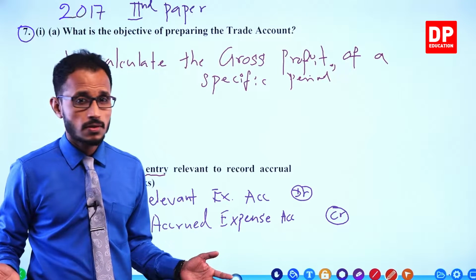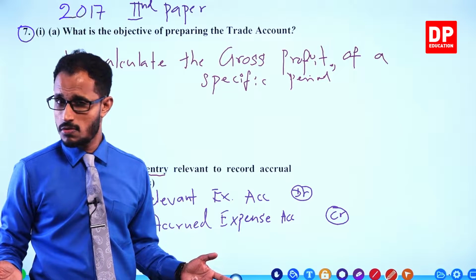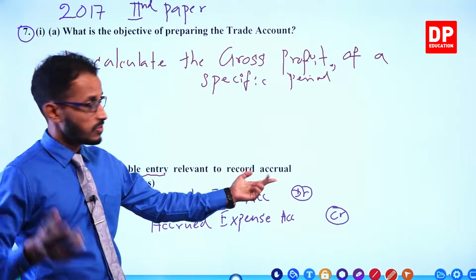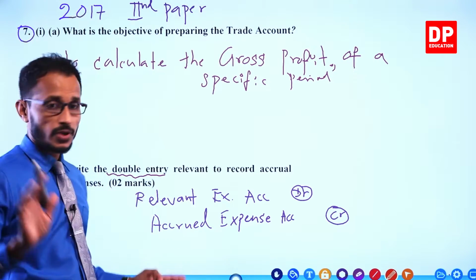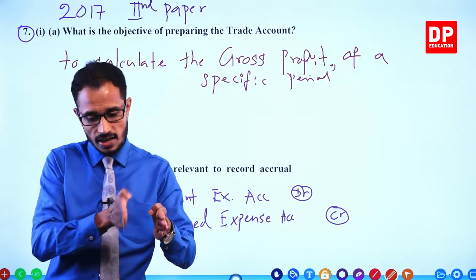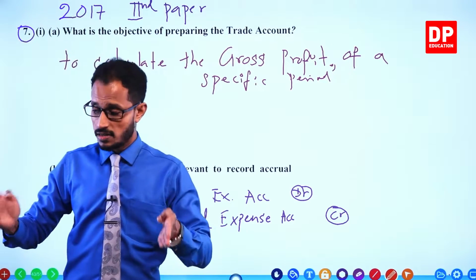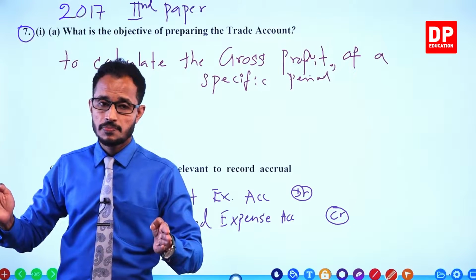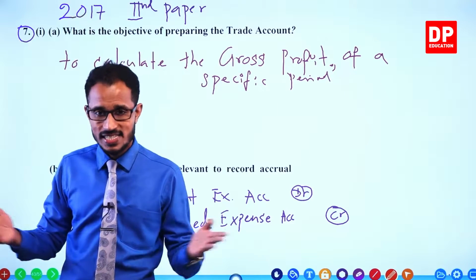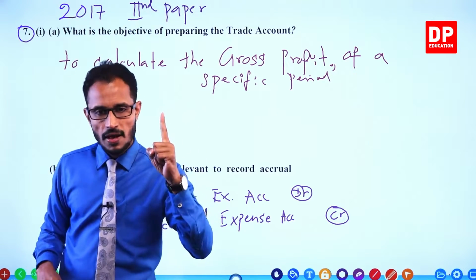Got it or not? The double entry they are asking for accrued expenses. Accrued expenses means unpaid expenses. During an accounting period, even at the end of the period, let's say a relevant specific expense is not paid. Let's say, example, rent 1,000 per month.